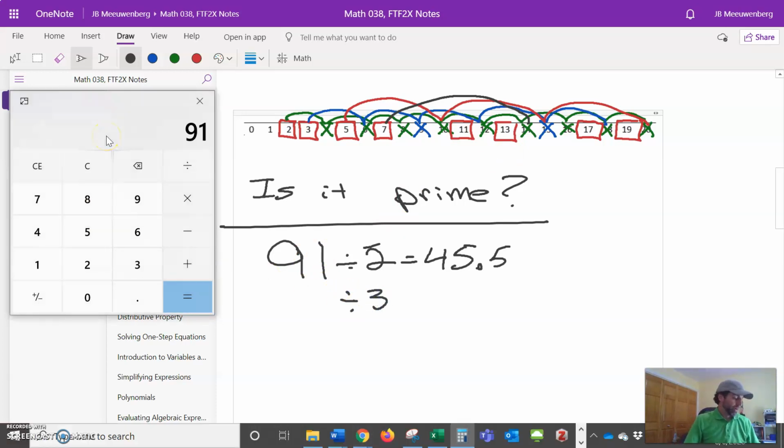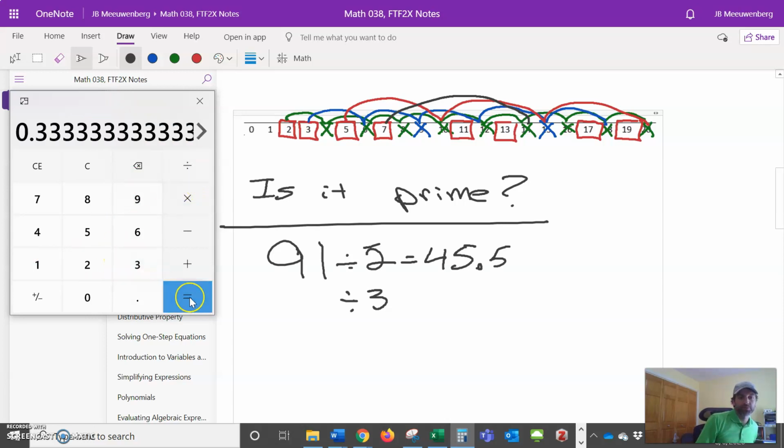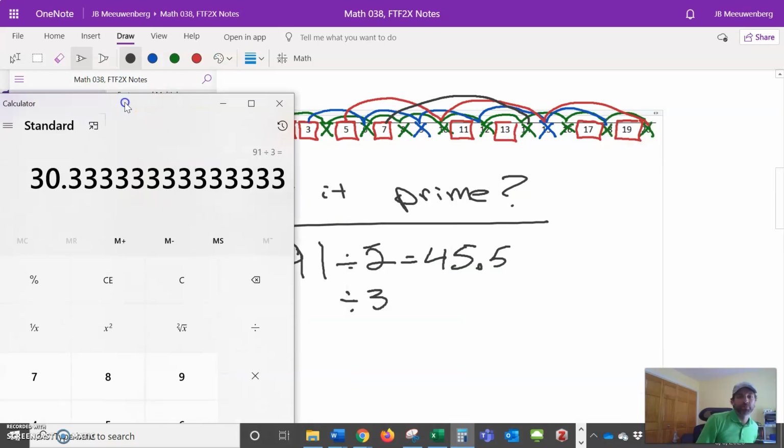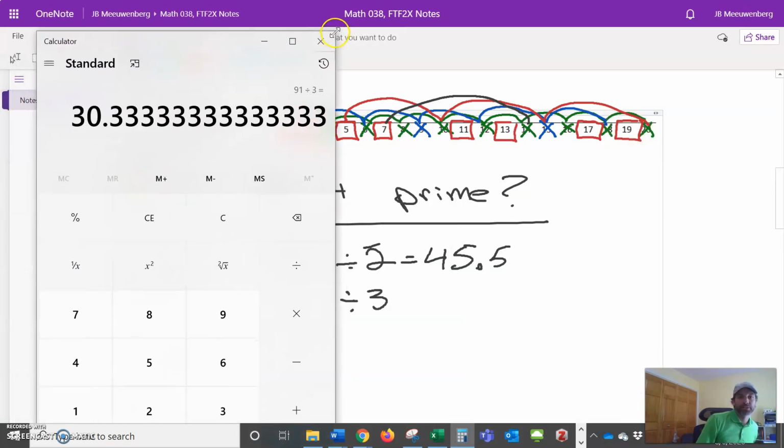91 divided by 3. It's going to give us, whoops, 91 divided by 3. I can't type. 91 divided by 3. It's not showing. It's not doing it properly. For some reason, this calculator is not showing what I want it to show. There we go. I did not have the full thing displayed.